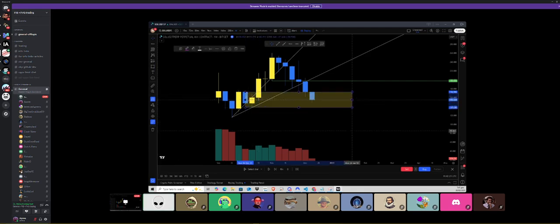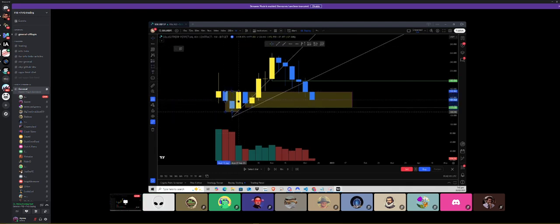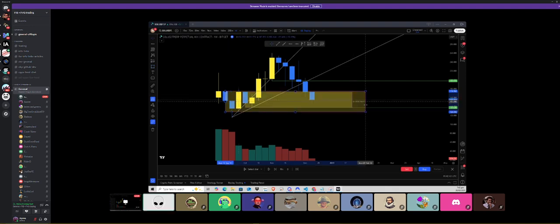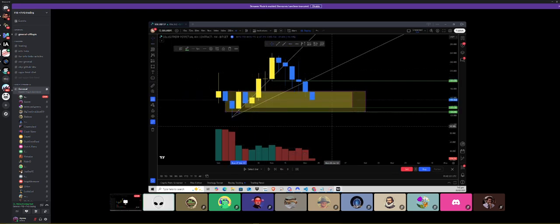That is a weekly support, and going below there breaks that weekly support. That was the weekly support that led to that, and breaking that wrecks that as well.